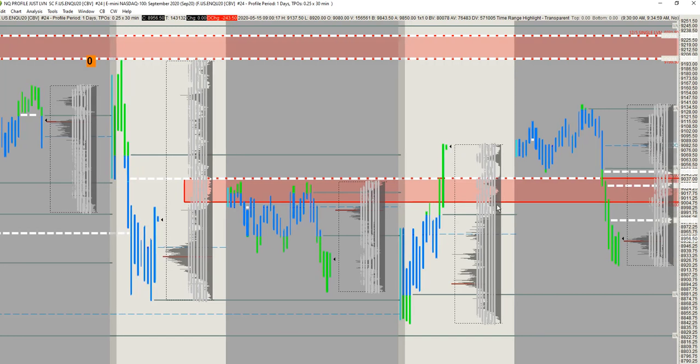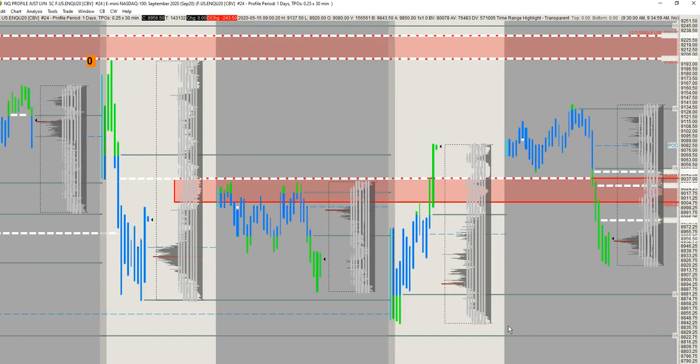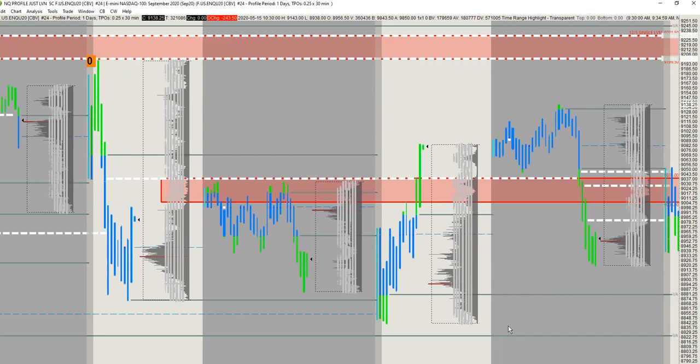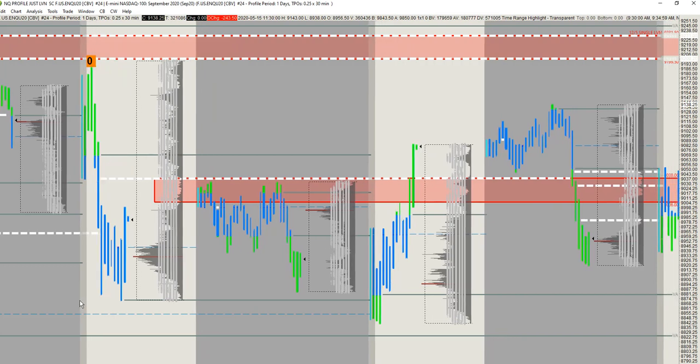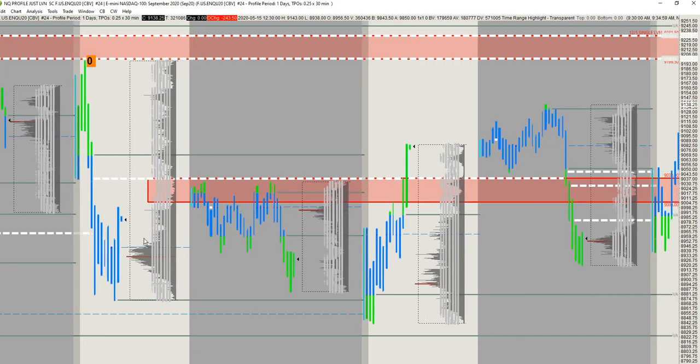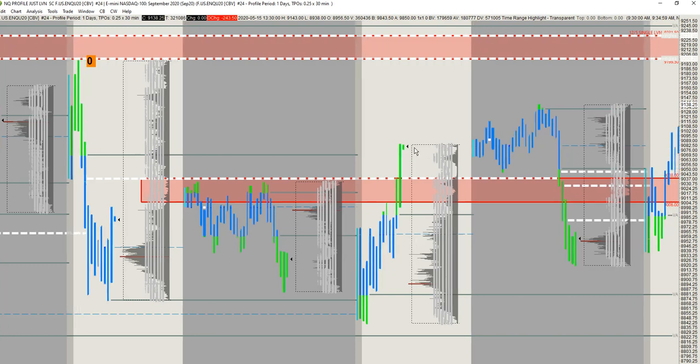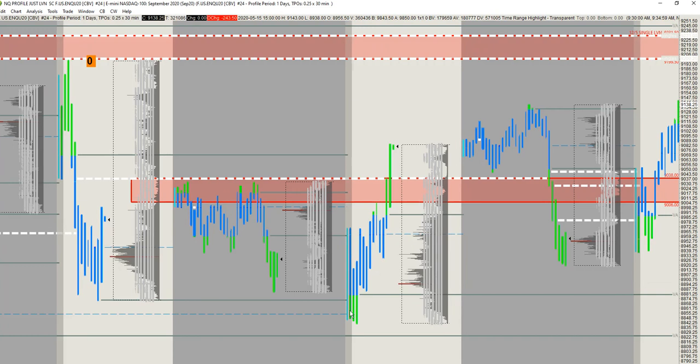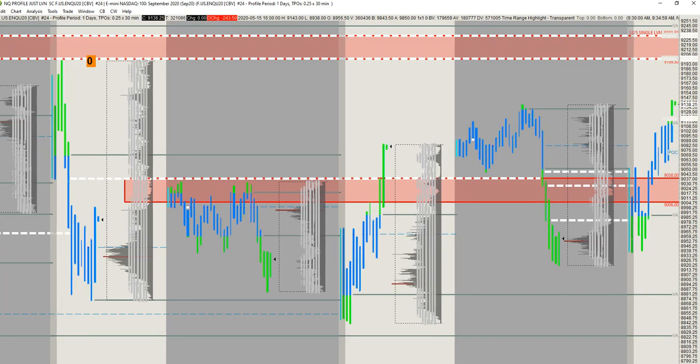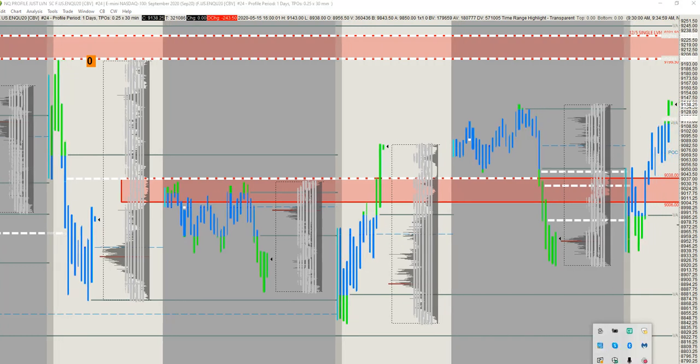So the way I would look at it is, in the overnight trade, we had lower value compared to this day, which is overlapping to lower, and we closed above. Now the whole thing is, are we going to get a new trend up? That's the whole point here.